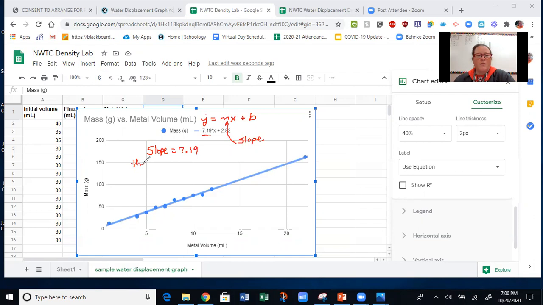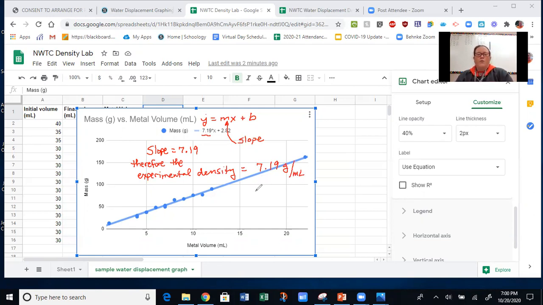So since the slope equals 7.19, therefore the experimental density is 7.19 grams per milliliter.